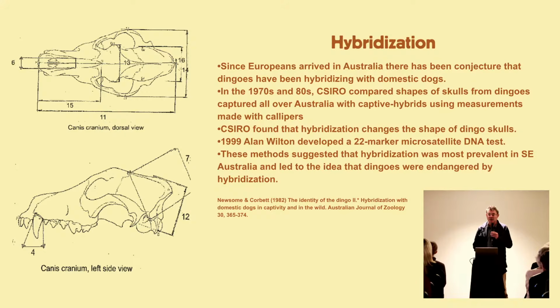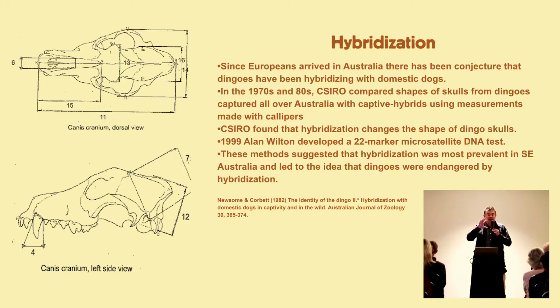They're all in a national wildlife collection here in Canberra, and they measured them with calipers and looked at the shape. And then they had some animals that they deliberately interbred with dogs to look at the shape of the offspring of those animals. And they concluded that hybridisation changes the shape of dingo skulls.